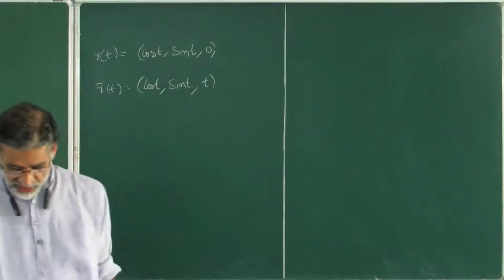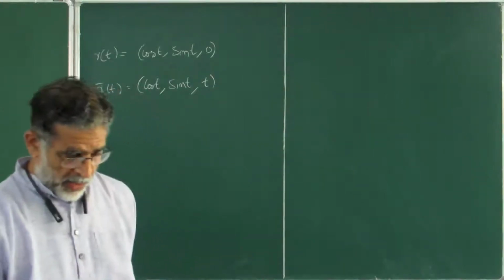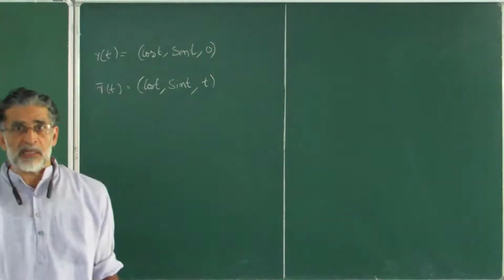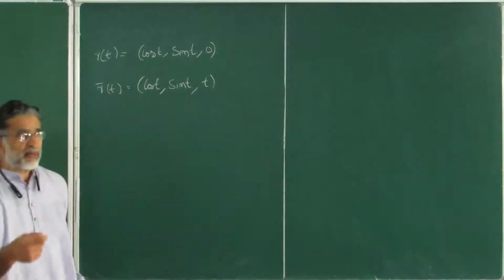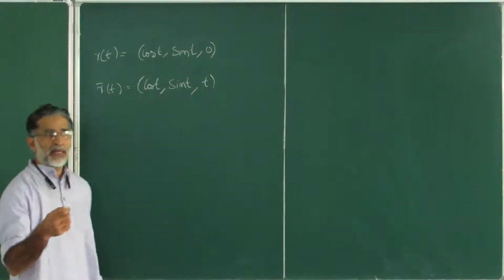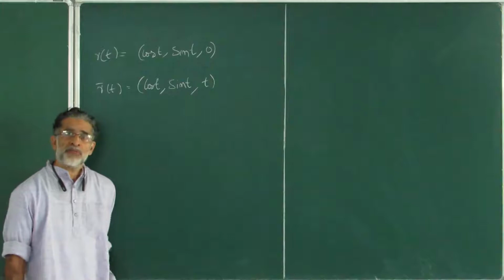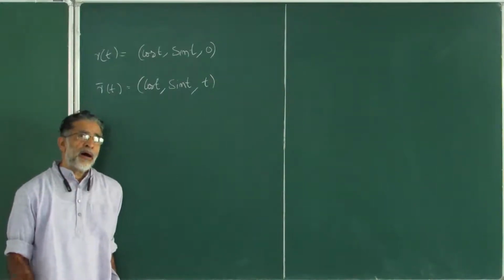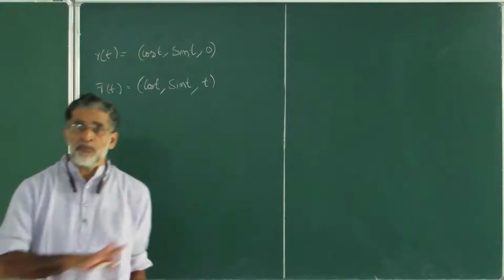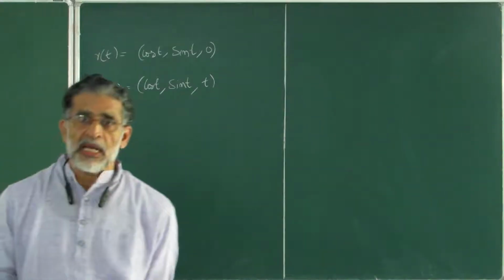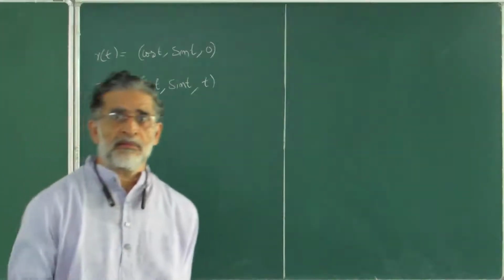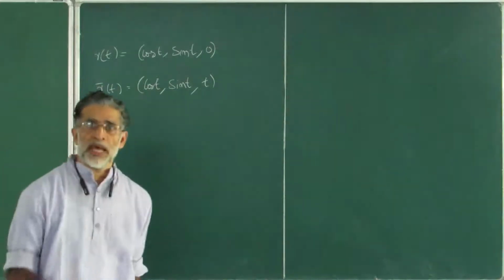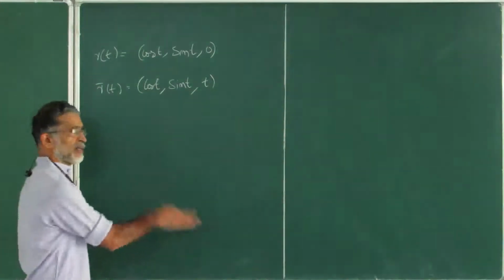We had a discussion about it, that if you translate or rotate, rotation has been defined in a particular way, we call them rigid motions, the curvature as well as the torsion are unchanged. They are going to be the same functions you get.